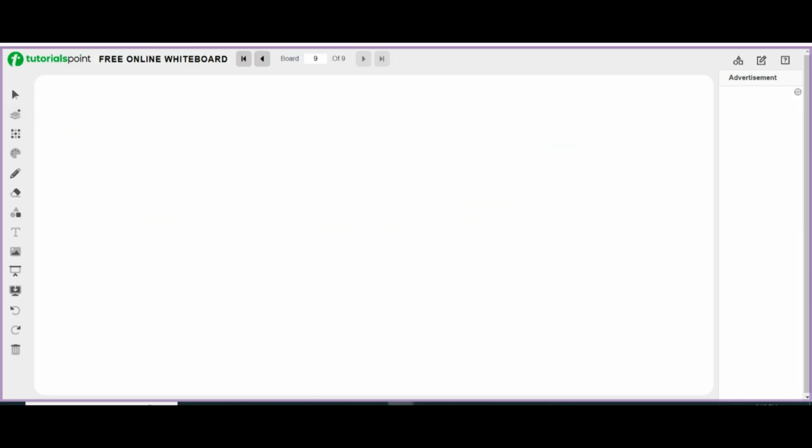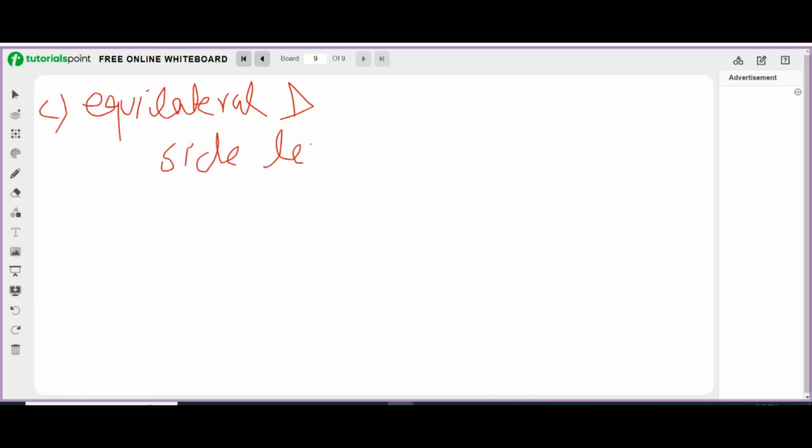C part. That is an equilateral triangle. So the side length, all of them are 7 centimeter.